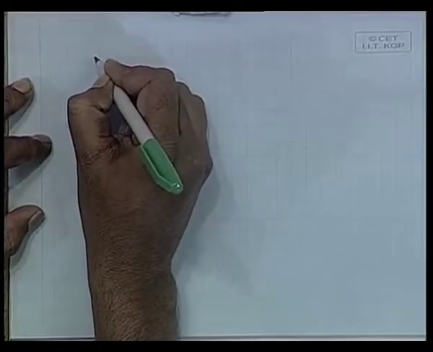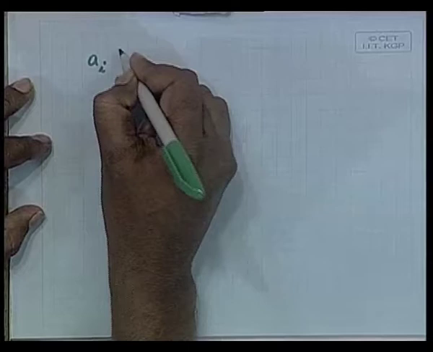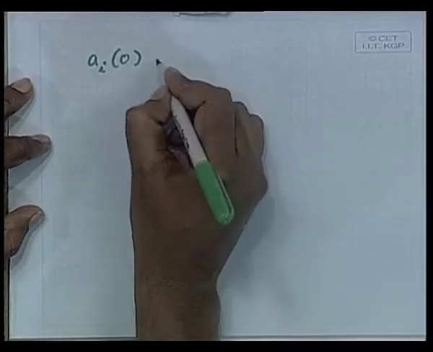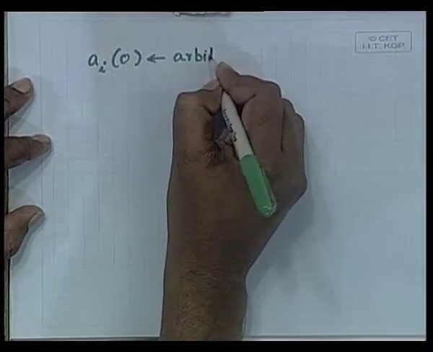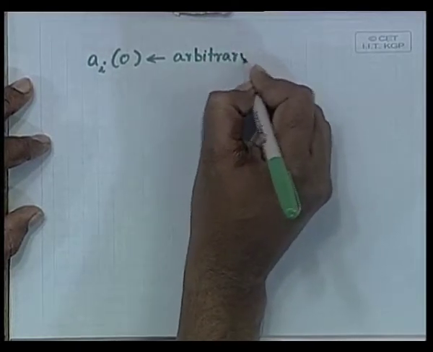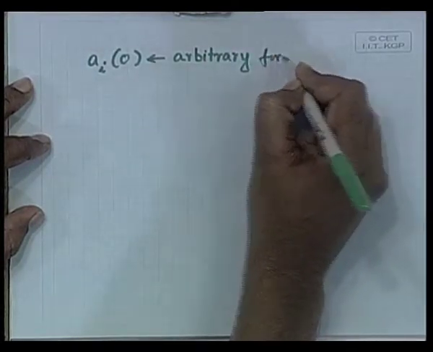The weight vector updation rule in this case can be simply like this. Initially, I assume that a_i(0) is arbitrary for all i.